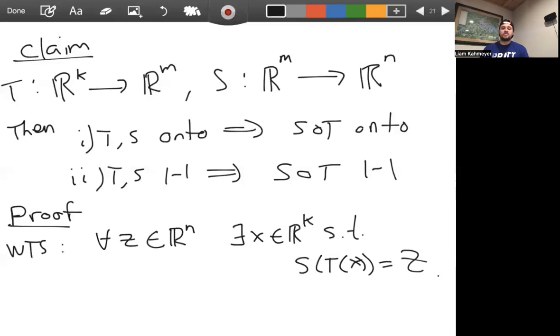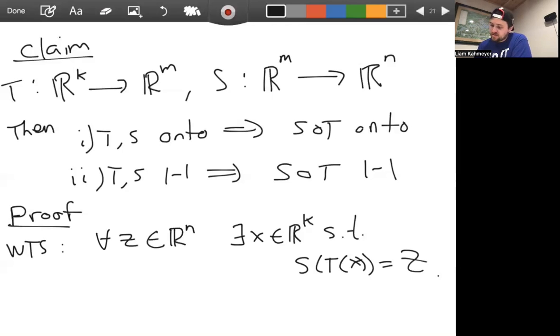That is the surjective criteria. It means for every point in the codomain, there exists a point in the domain that maps to it.